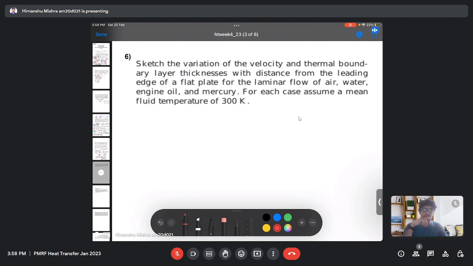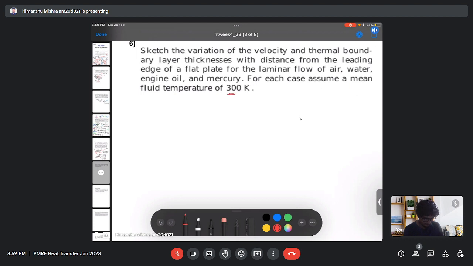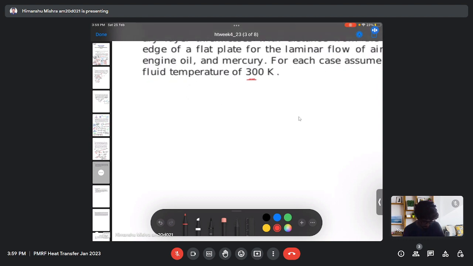So here in this question, we need to roughly sketch the thermal and the velocity or the hydrodynamic boundary layer for air, water, engine oil and mercury. And the fluid temperature is a mean temperature. That means the properties like viscosity, density are not changing with the temperature. I mean, we can just consider the average properties.